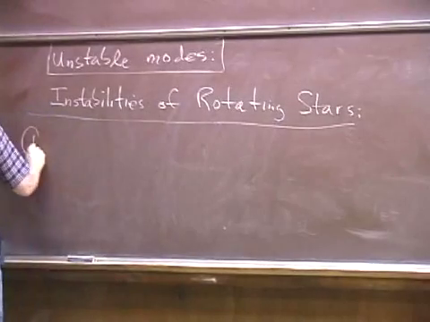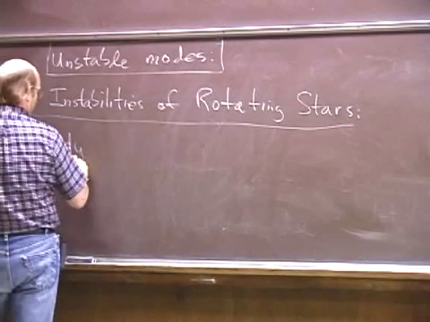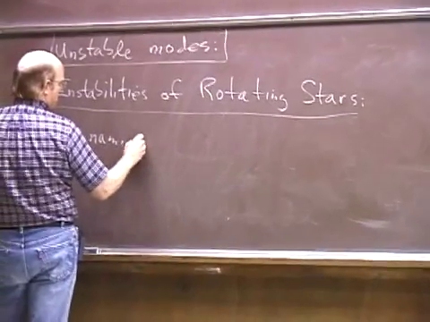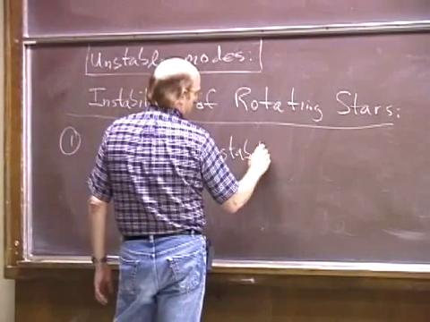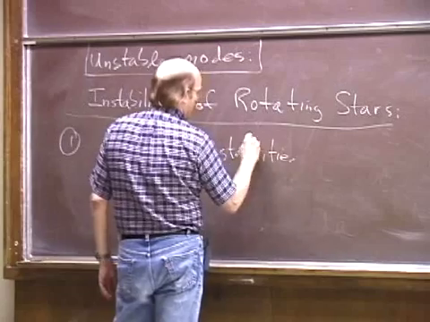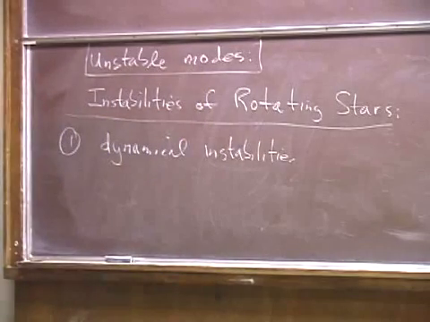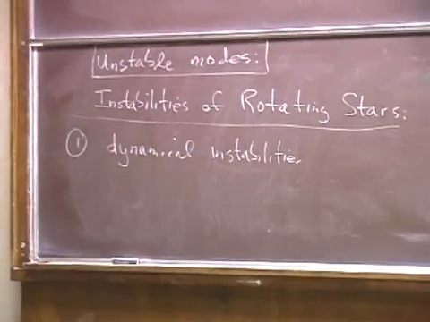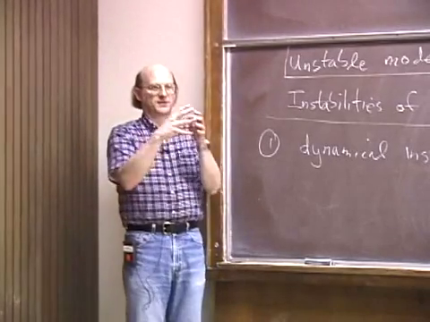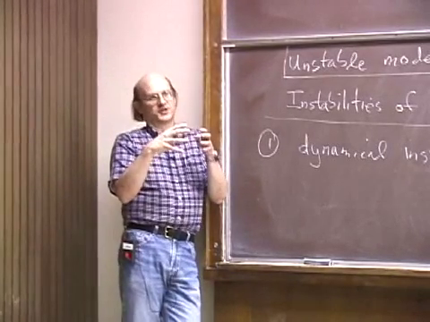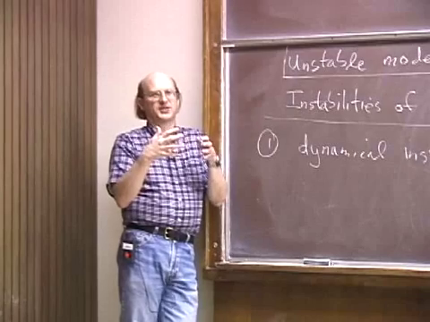So the first class are called dynamical instabilities. And these instabilities have the feature that the force, if you like, that is driving the instability is the same force that is responsible for the restoring force in the pulsation itself.